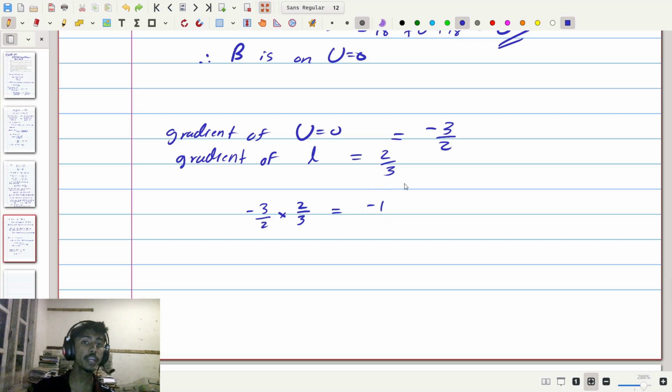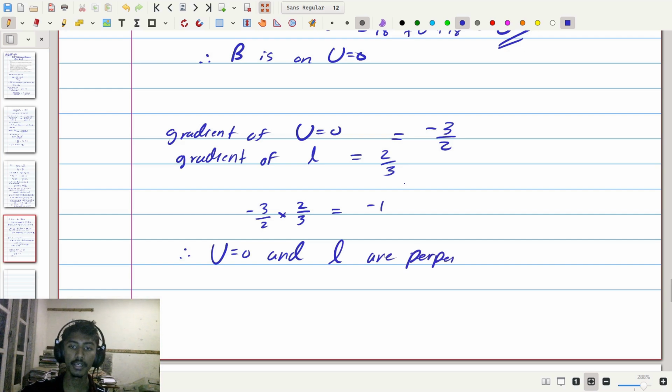Now since these two gradients multiplied together is minus 1, we can say that our two lines, u equals 0 and L, must be perpendicular to each other.